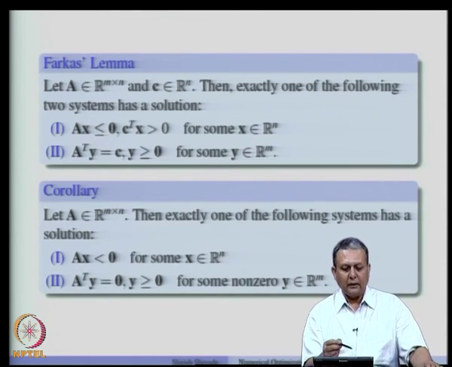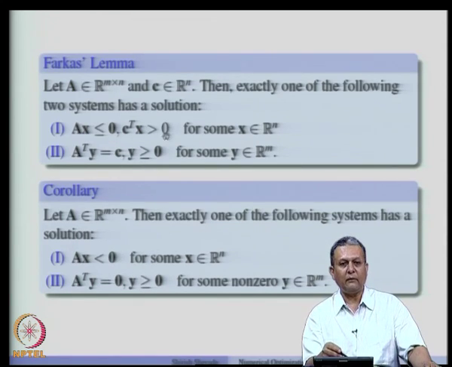If we look at the two systems, the one given in Farkas lemma and the one given in the corollary, you will see that there is some similarity between the two. Here we had Ax less than or equal to 0, while here we have Ax less than 0.